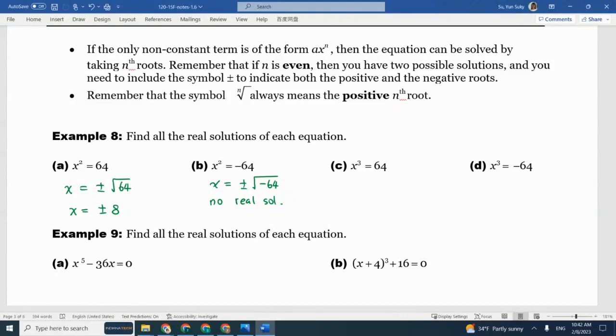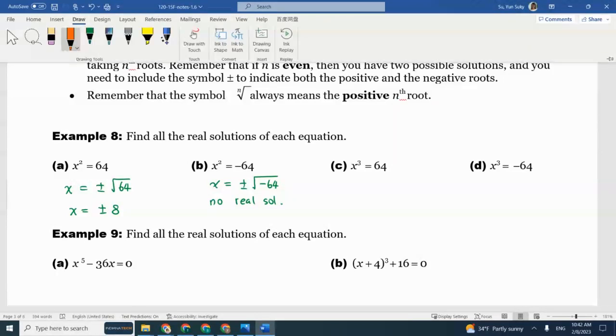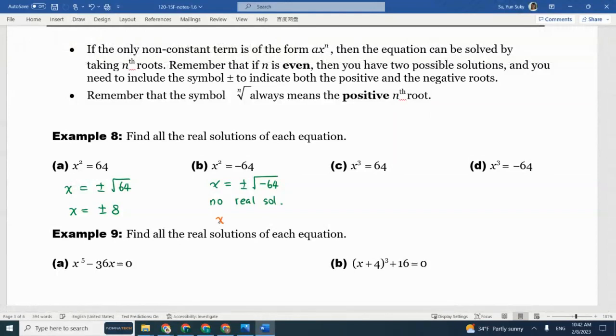Sorry, we don't have any real solution. But we do have complex solution. Do you remember we say i? Yeah, i is square root of minus 1. Do you remember that? i is square root of minus 1.